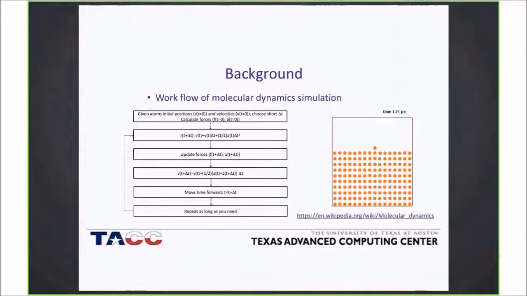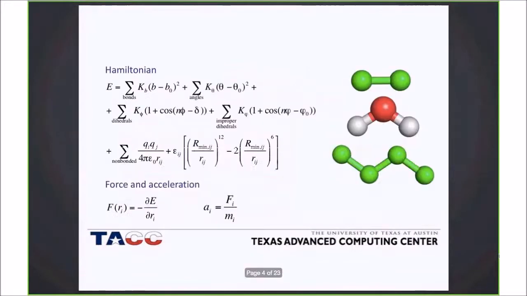And then the time moves forward to t plus dt. Now, one MD step is finished. Such a procedure is repeated as long as one needs. Generally, one MD step takes from tens of milliseconds to several milliseconds. Most simulations need millions of MD steps.